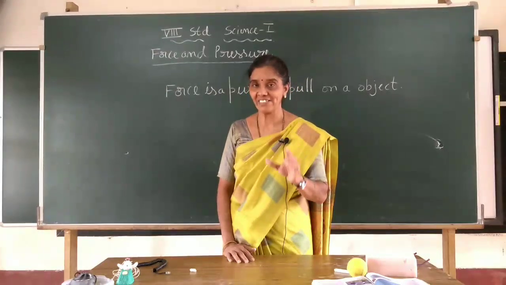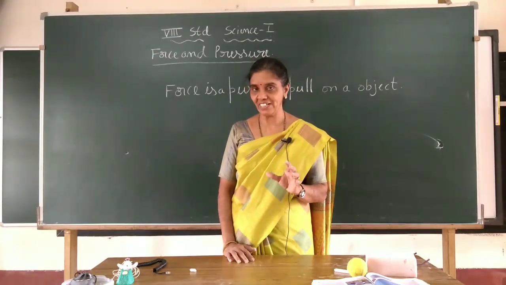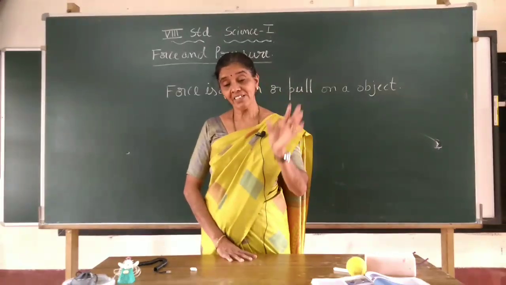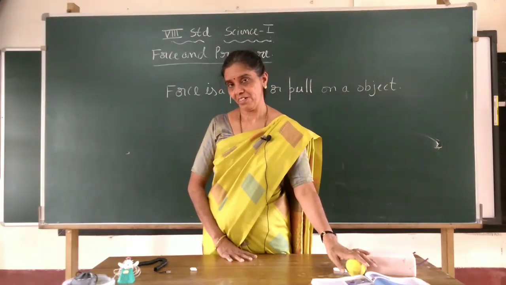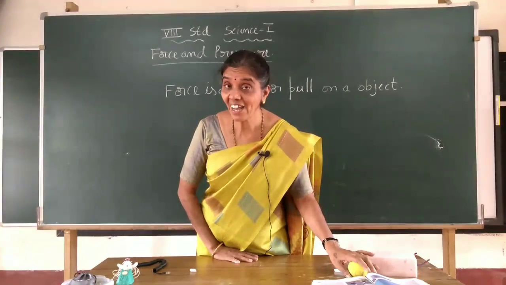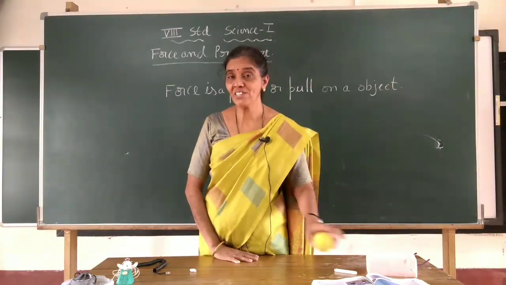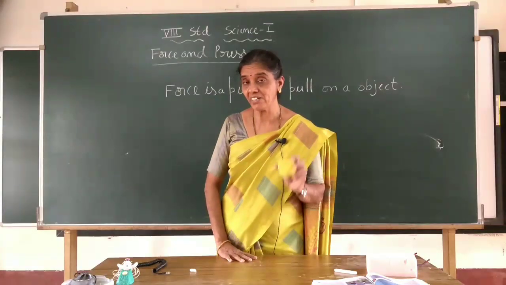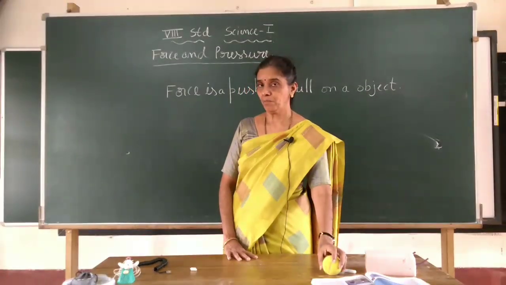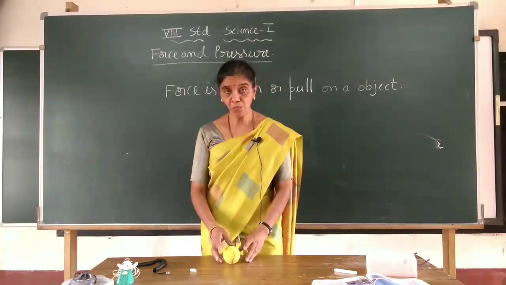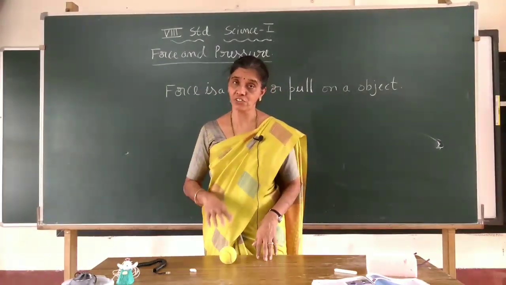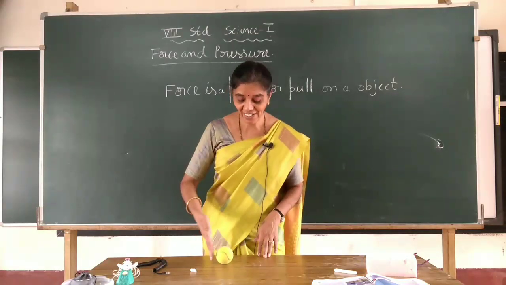Now, before giving that example, force is a physical quantity. It has got magnitude. Any physical quantity has the magnitude. We will measure it, right? Now, another factor, it has direction. When you mention the force, the direction is very important. It will play a very important role, because if I want to move this ball forward, in which direction do I have to apply the force on this ball? Like this way I can do?